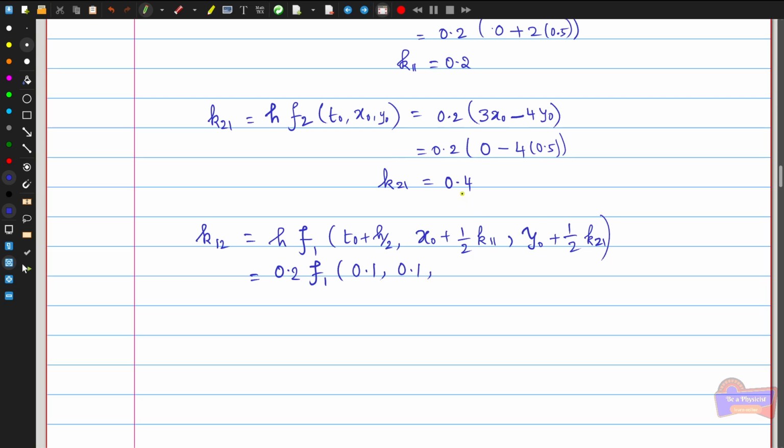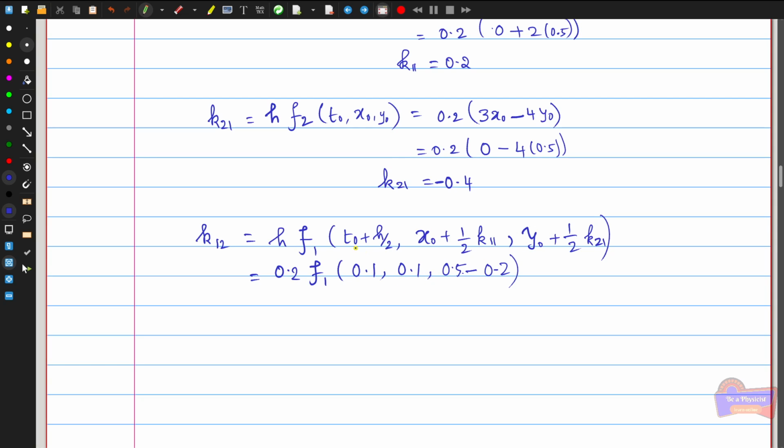Similarly, k21 has the value of minus 0.4, and y0 is 0.5, so 0.5 minus 0.4 divided by 2, I will get 0.3. Okay, so I hope you understand how these values came from.